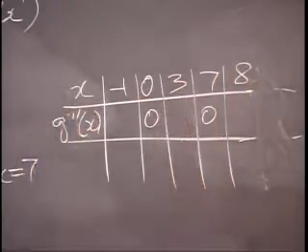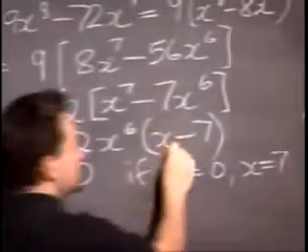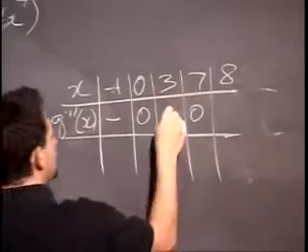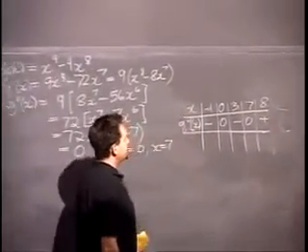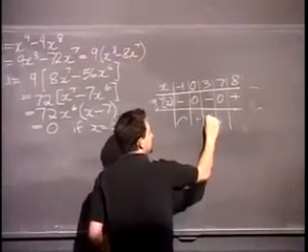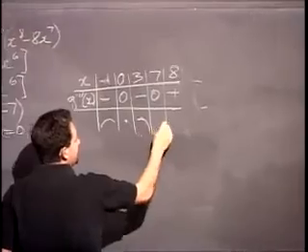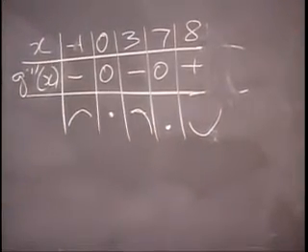And if I plug in minus 1 into here, I'm going to get x to the 6th is always positive, so I'm just going to get negative. Similarly, at 3 I'm going to get negative, but at 8 I'll have positive. So if I actually draw this, I'm concave down there, I'm still concave down here, and then I'm concave up at 8.